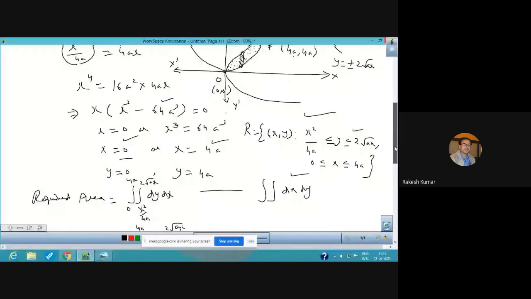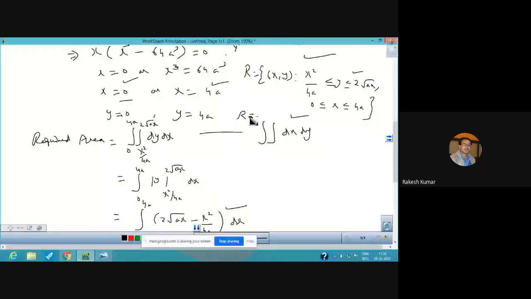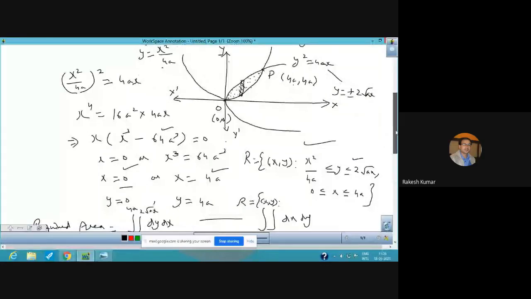Now see, if we want to keep the limit of x variable and the limit of y constant, in that case your region of integration will be dx dy, and for the limit of x, now x varies along the horizontal stripe, and this will be from left to right.